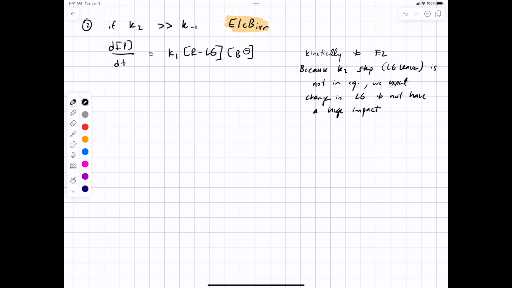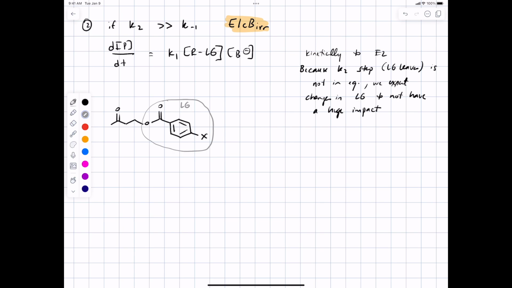So as an example of this situation, we've got this elimination reaction. It should look kind of similar actually to the one we just saw above. Here is the leaving group.